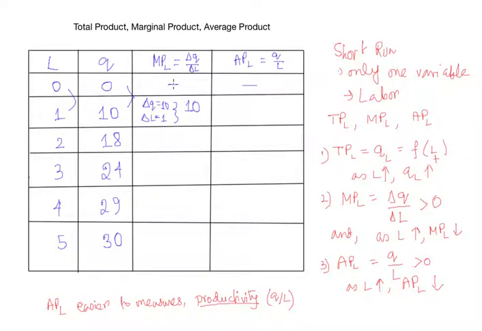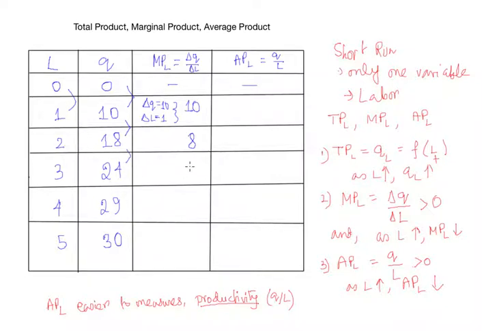First, let us look at the marginal product of labor. When the second unit of labor is added, that is, labor increases from 1 to 2, so delta L is again 1, then what is the change in output? Output now increases from 10 to 18. That means marginal product of labor for the second unit of labor is 8.